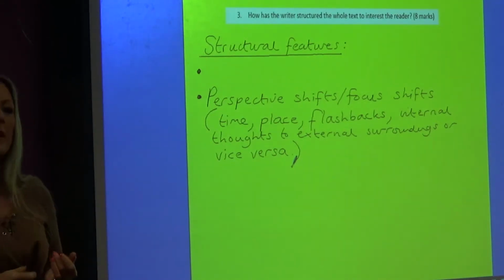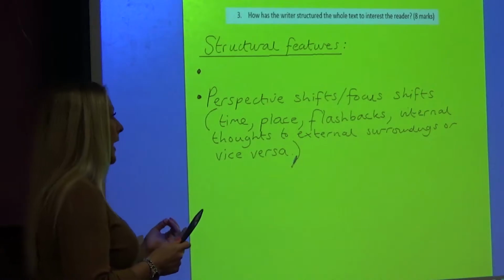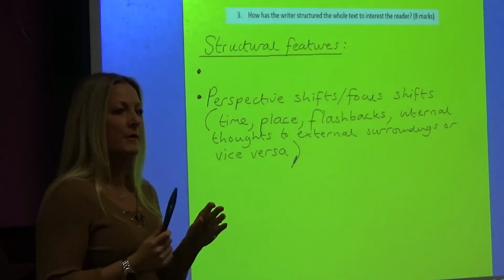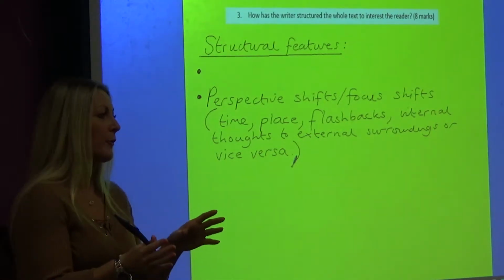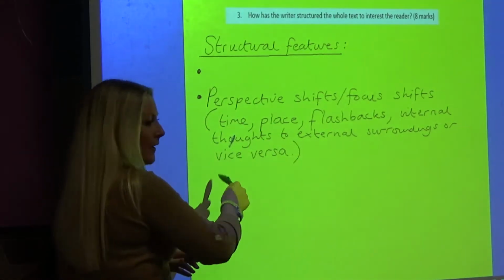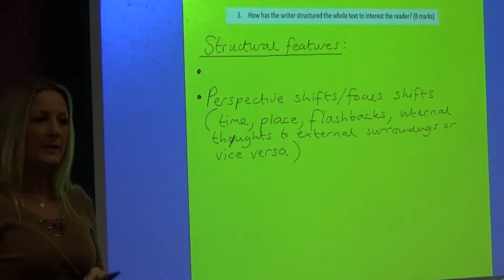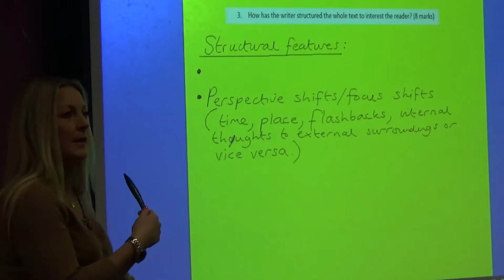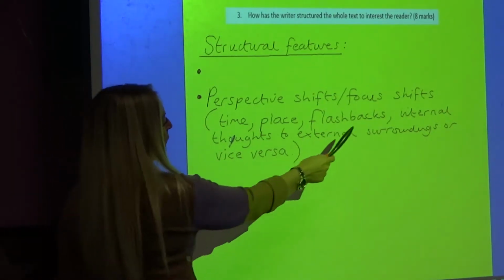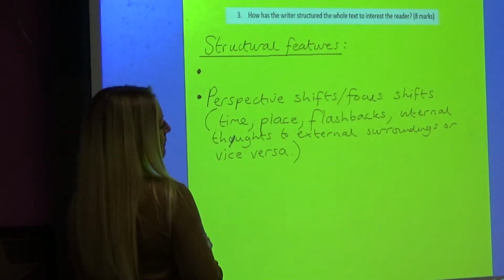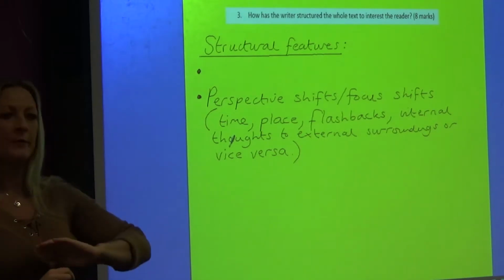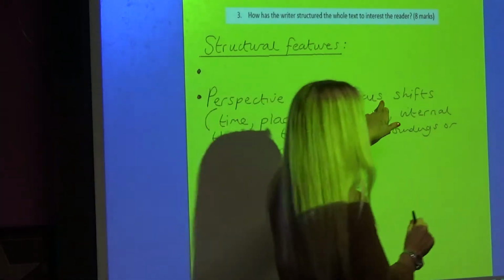There was a text on one of the specimen papers where it started off focusing on a boy waking up from a nightmare. So that focused on his internal thoughts. The second paragraph shifted perspective onto the weather outside his window, which was very stormy. So you can see that there was a shift from internal thoughts to external surroundings. Okay? So perspective shifts are really important, and that is your structural terminology.